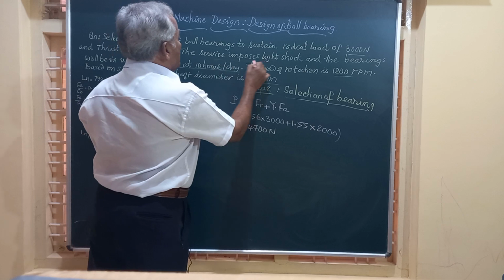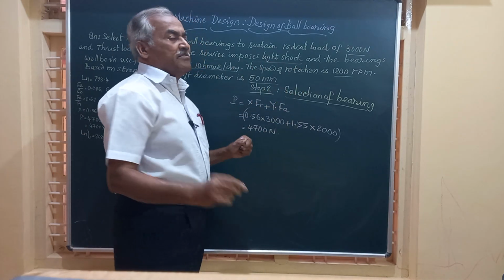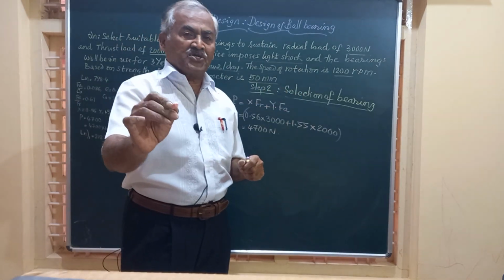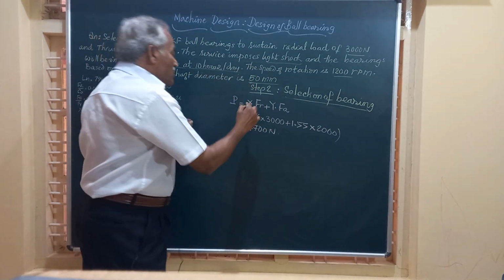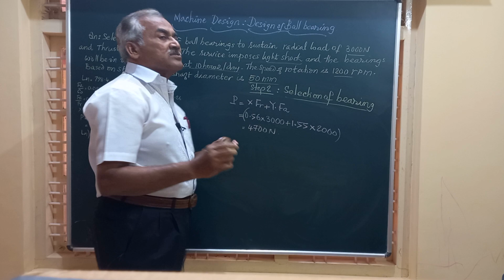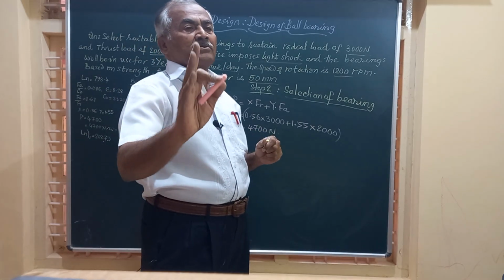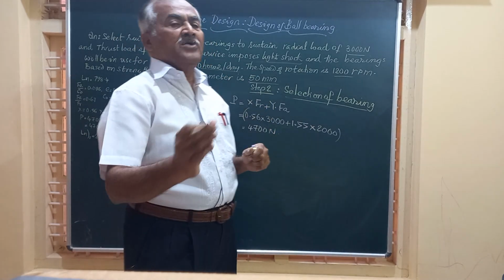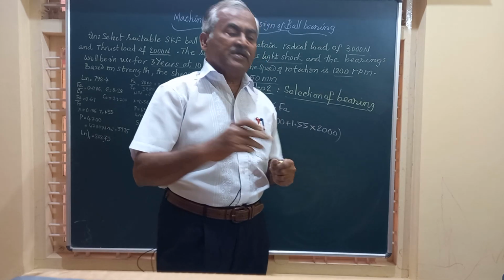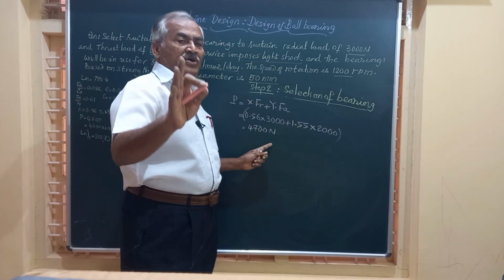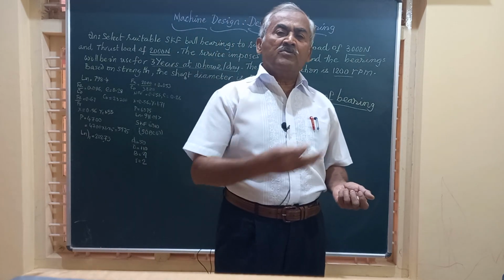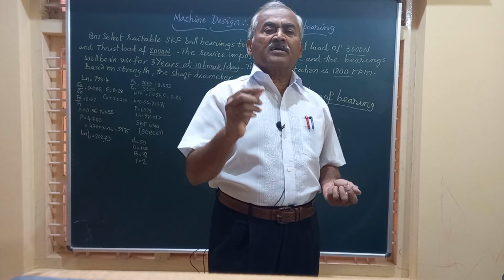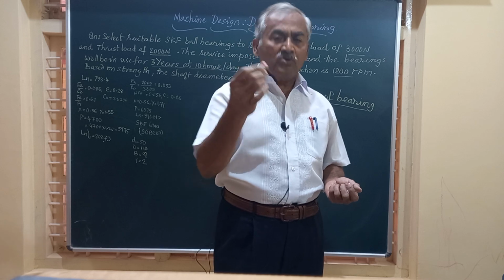The service may be a light shock, a medium shock, or a heavy shock. In the question it is given as light shock, and so we are going to multiply this P by a factor 1.25. If it is a medium shock, we multiply this by 1.5. If it is a heavy shock specified in the problem, we multiply it by a factor 1.75 to 2.